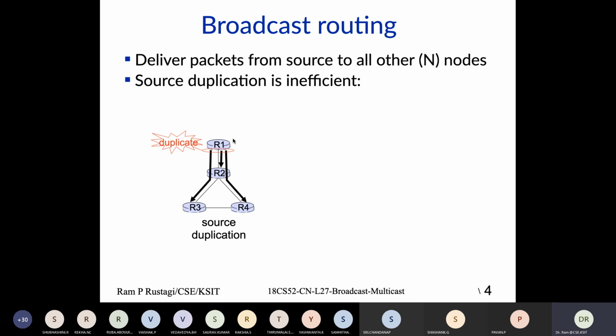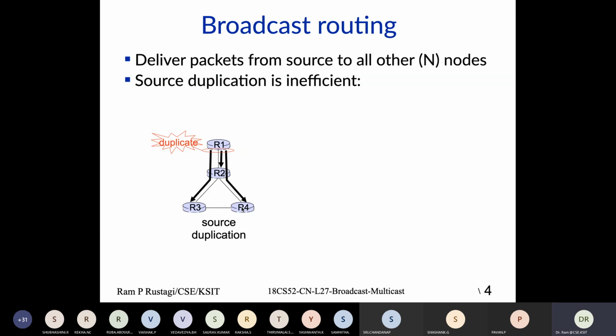Let's start thinking about what could be leading to this problematic case. If there are n destinations, with duplication at the source, I need to create n packets. So what happens to the link between R1 and R2? How many packets will be transmitted on this link?